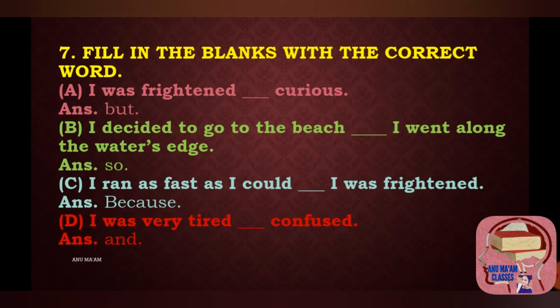Next, I was very tired and confused. Okay. So children, here you have to use the word but when two opposite things are going on, right? And when both the same thing are going on, then you will use and. Right, children? Next.